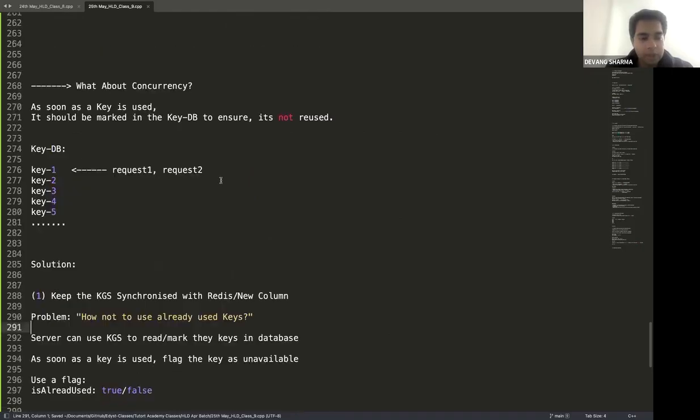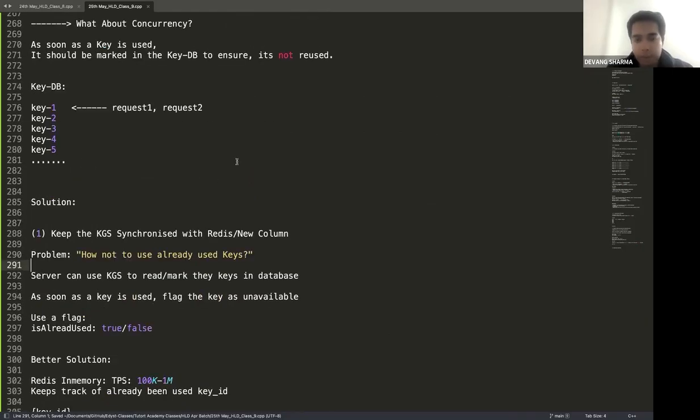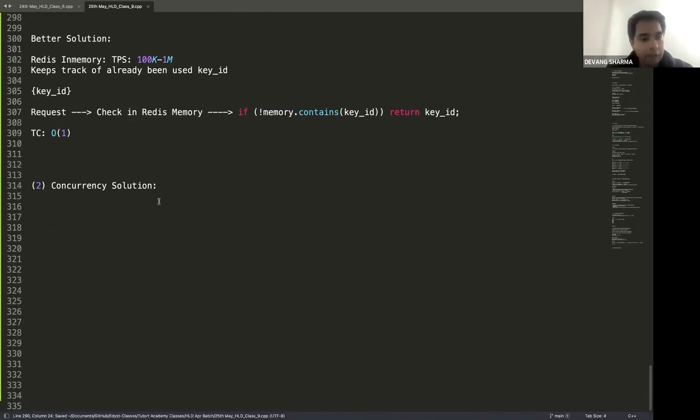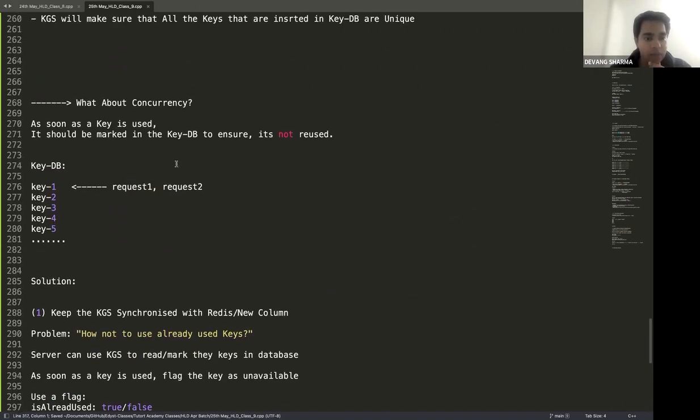Now coming back to this, guys, this was unrelated to concurrency, nothing to do with concurrency. This is just talking about how we do not use the already used keys. Okay. Now coming to the elephant in the room, which is the concurrency solution. How will you take care of this concurrency solution? Multiple requests come, same key. How are you going to give a response to that?